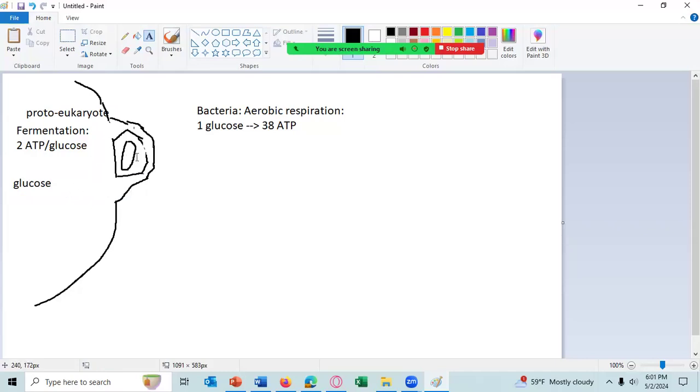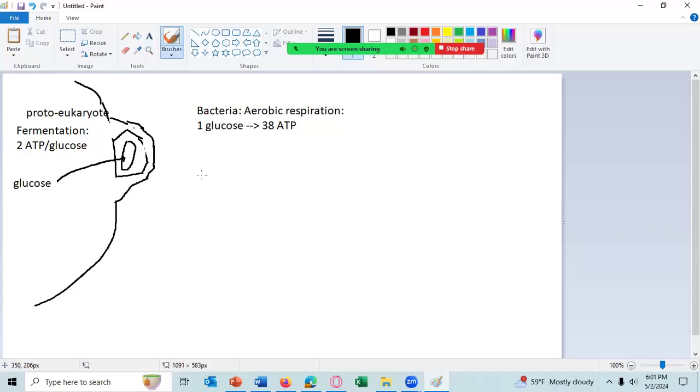And obviously when it's moving across the membrane, it's not going to move by diffusion. That will be by probably active transport. The point is that some of that glucose moved from the cytoplasm of the proto-eukaryote into the cytoplasm of the bacteria.